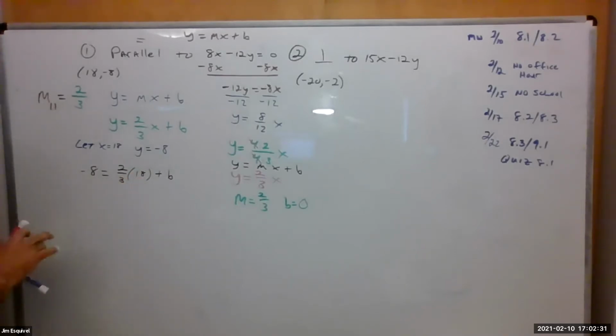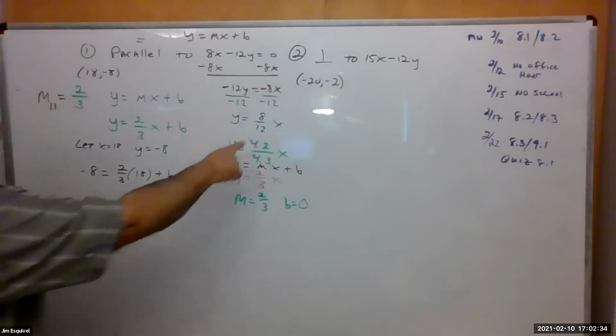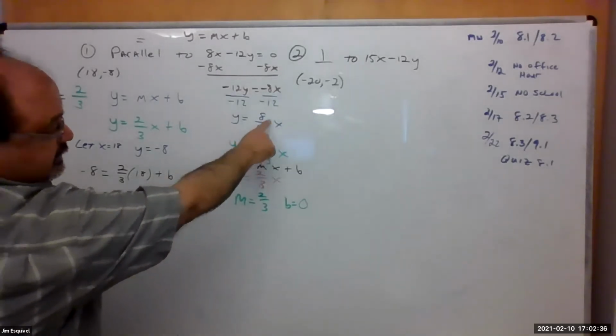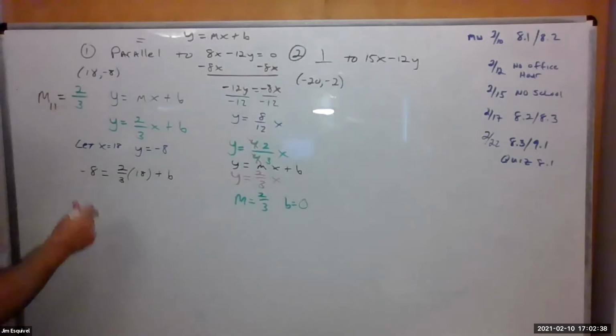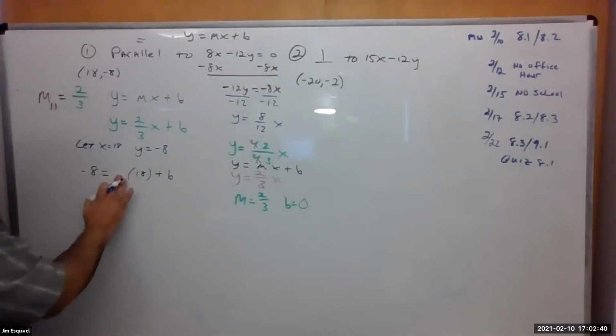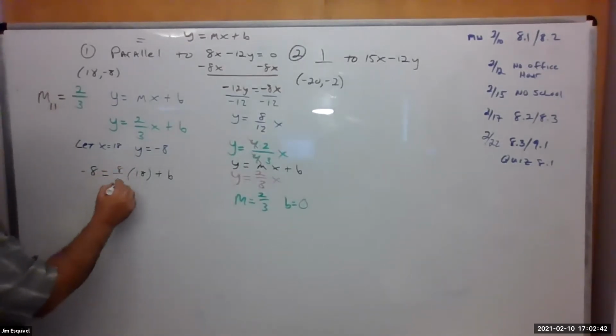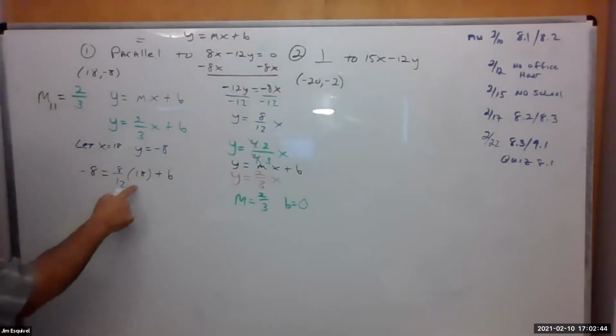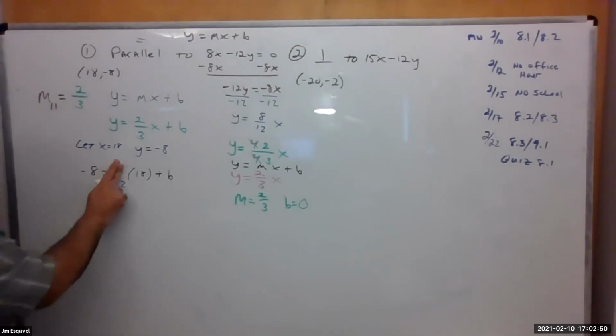And this is why you want to reduce this slope over here. Instead of using 8/12, look at this. If you use 8/12, you're not going to see how nicely this reduces. It's better that you're using 2/3.